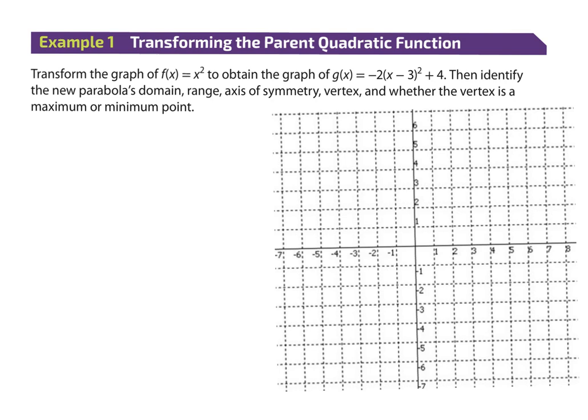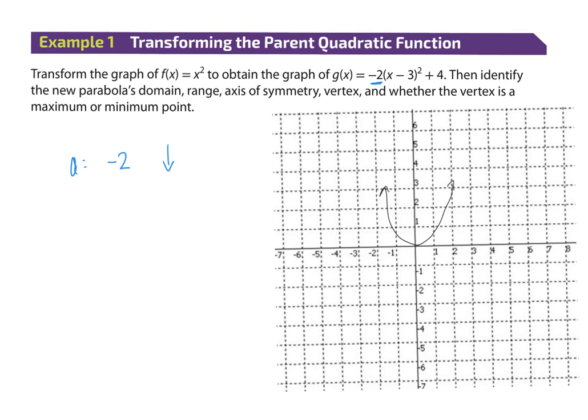For this example, they want us to transform this graph from the parent function to the given function, and we'll talk about domain and range and all of that. If you think about the original parabola, it's going to be something like this. We want to shift this around. Remember, this is just sketching, so we're not going to be perfect on this. Because that a is -2, it is going to point down and it is going to be skewed a little bit.